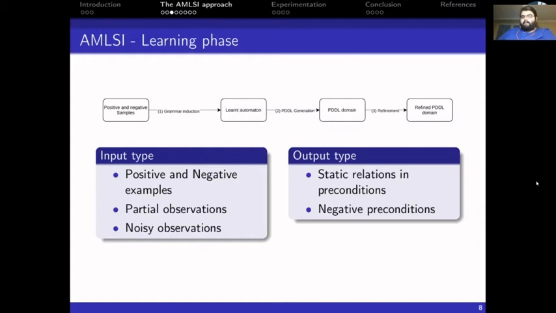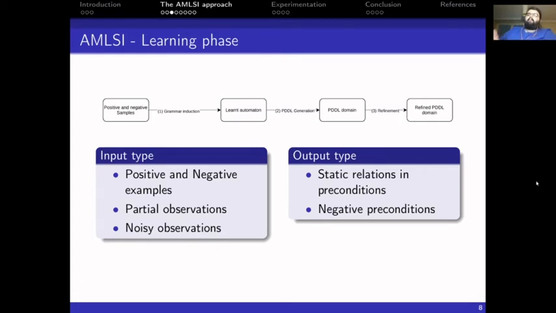So I will now present the learning phase. The learning phase takes as input the sample built during the querying phase. This sample contains positive and negative examples. A positive example is a feasible action sequence, and a negative example is an unfeasible action sequence.